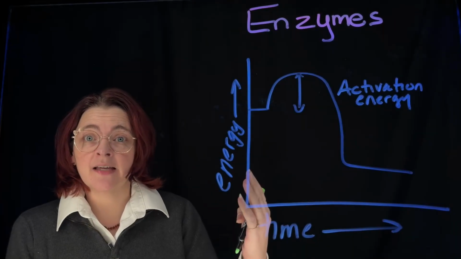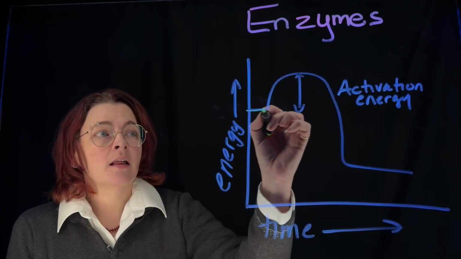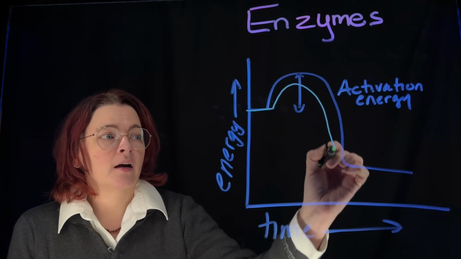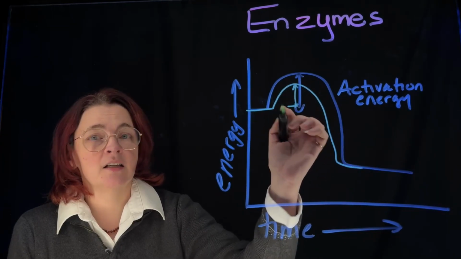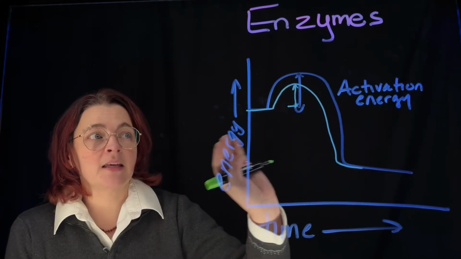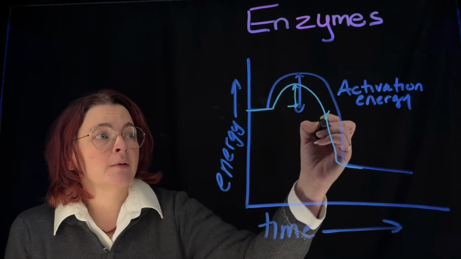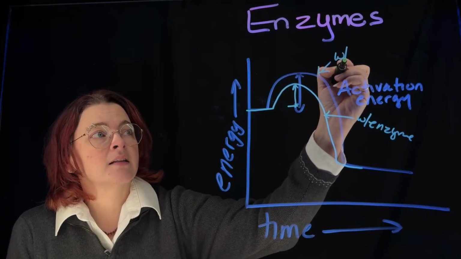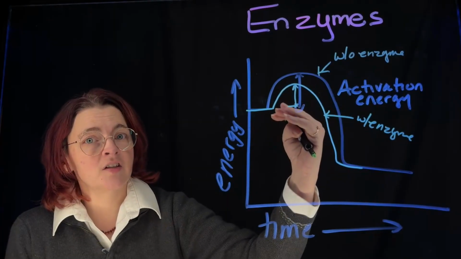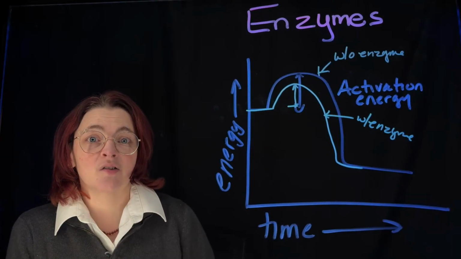So with an enzyme, the activation energy level is going to be lowered. Here, we can see that the amount of energy needed to get up over that hill has lowered, so the reaction will actually happen faster. The green one here is with the enzyme, and the blue one is without the enzyme. Enzymes lower that activation energy. They lower the amount of energy you need to get up over the hill to get that reaction started.